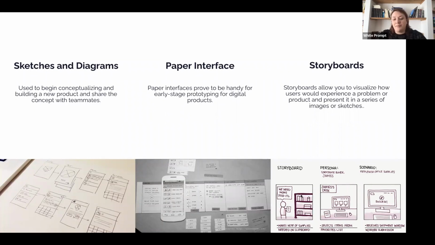Like in this example, we can have the interaction of an app of a library, and you can trace beforehand all the steps that the user has before interacting with the application. So that is also important.